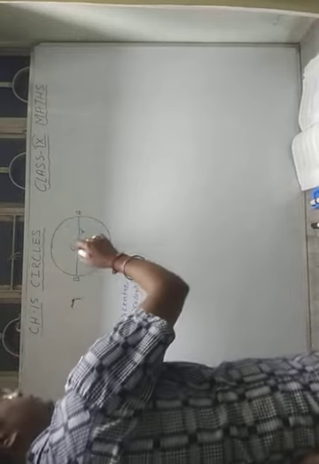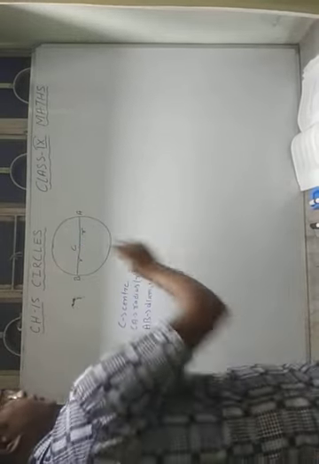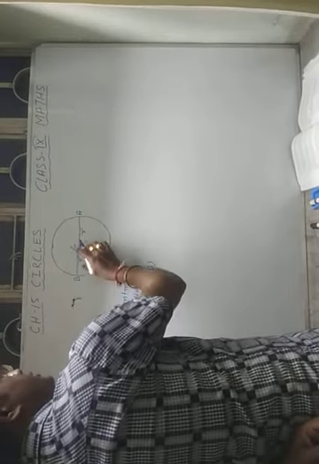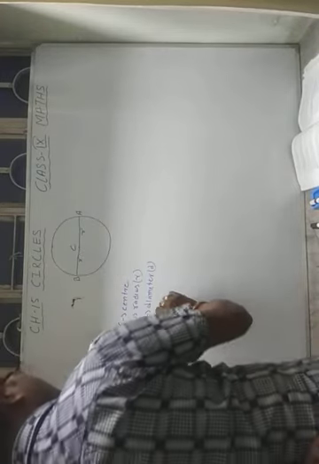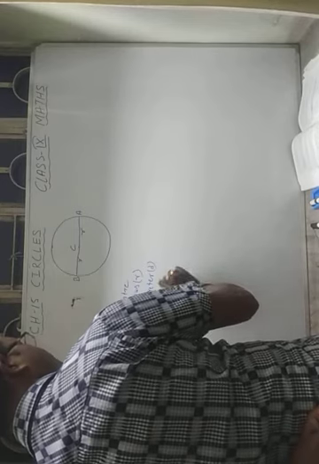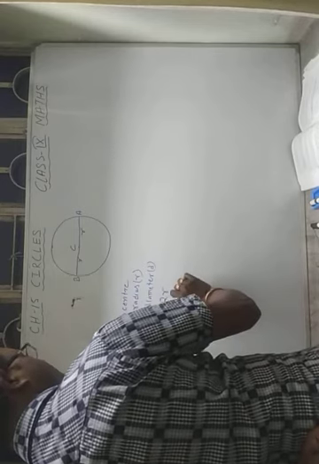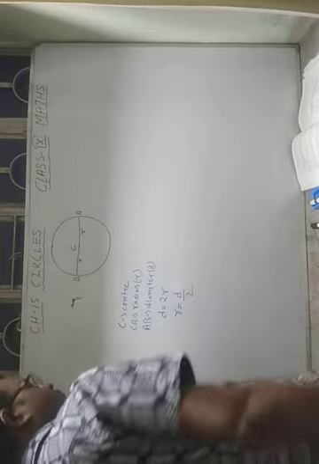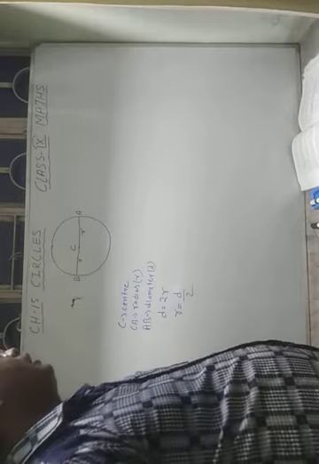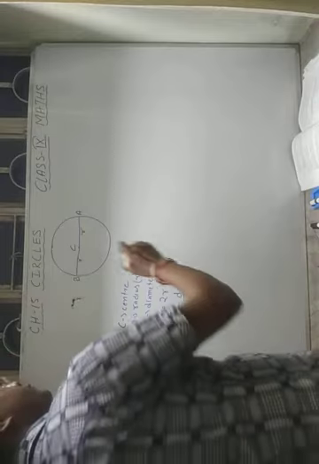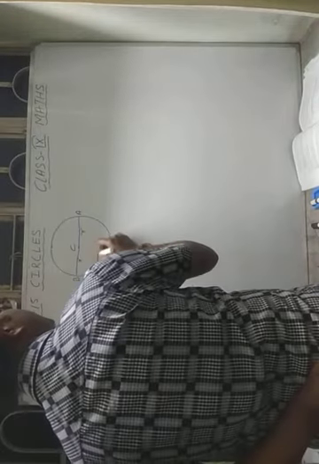There is a relation between the radius and the diameter. One radius and another radius, two radii make one diameter. So diameter is equal to twice the radius, or radius is equal to diameter by 2.